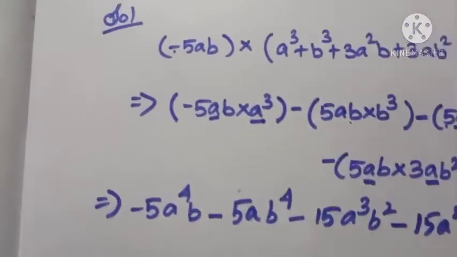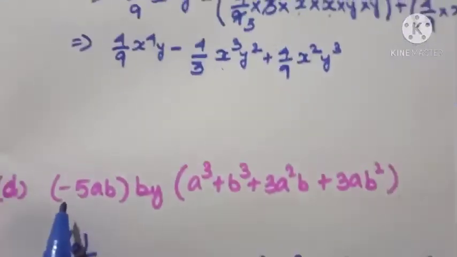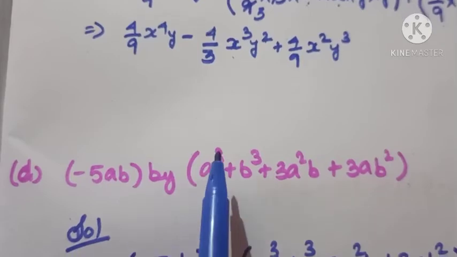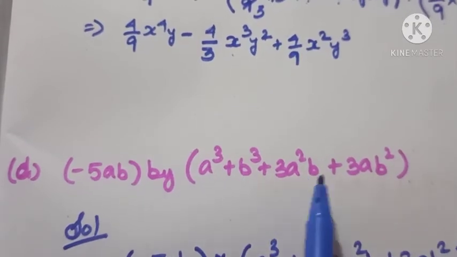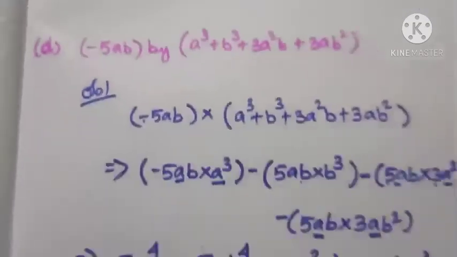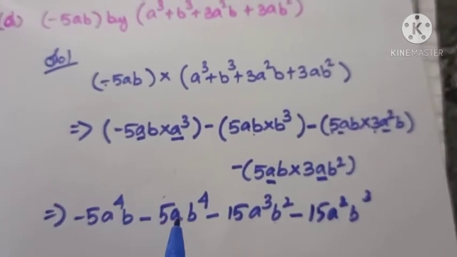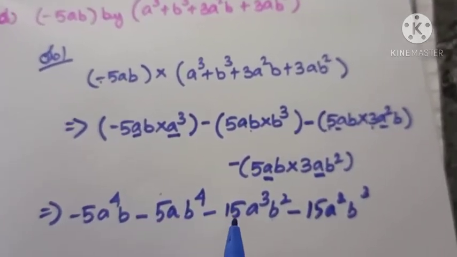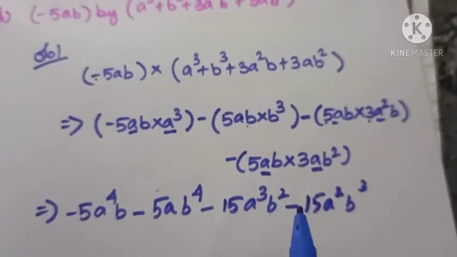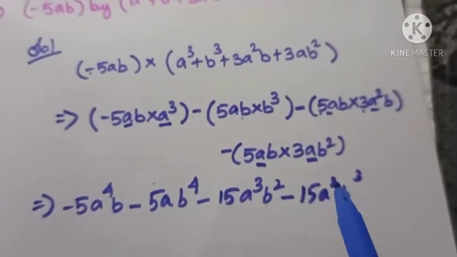So we get the result: we multiply minus 5ab by a cube plus b cube plus 3a square b plus 3ab square, giving minus 5a to the power 4 b minus 5a b to the power 4 minus 15 a cube b square minus 15 a square b cube.